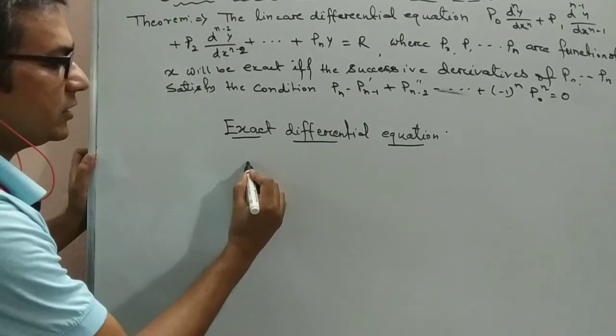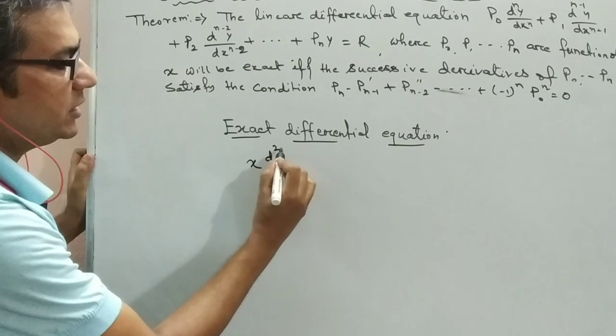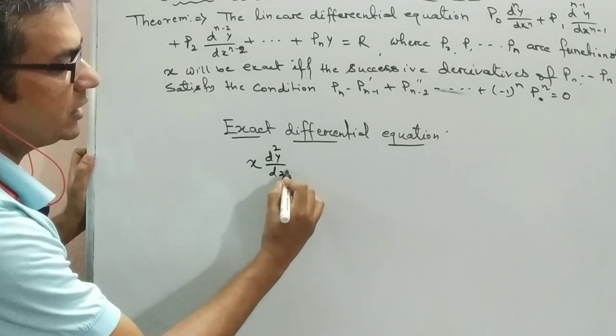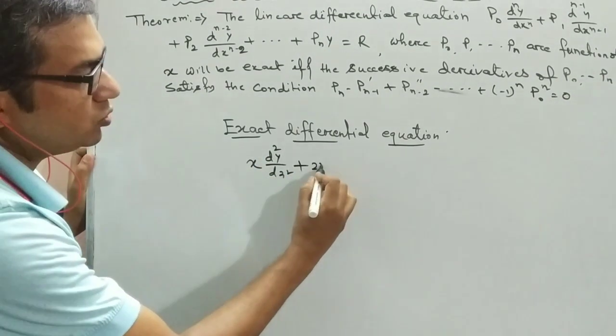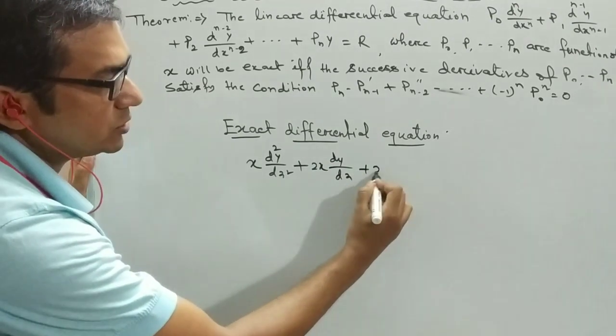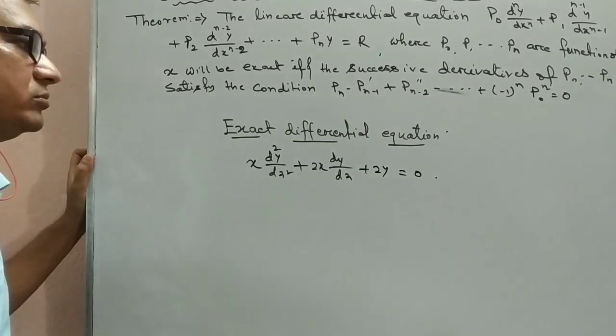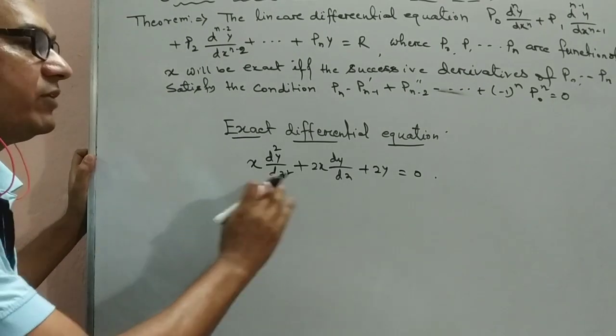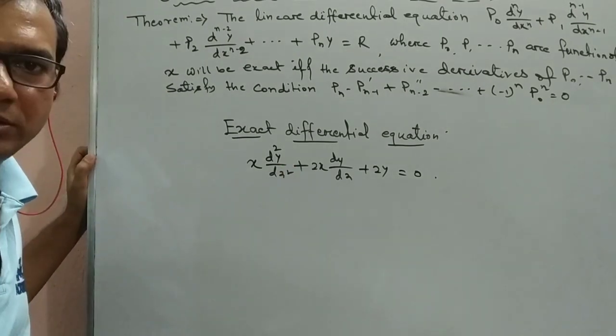Consider x d2y by dx2 plus 2x dy by dx plus 2y equal to 0. This is a differential equation of second order.